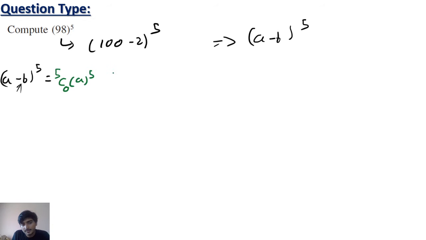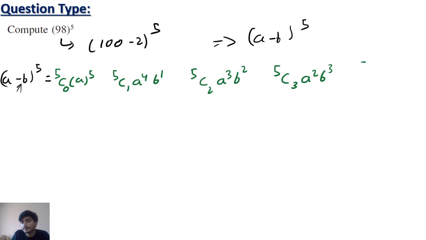Then 5c1, a to power 4, b to power 1. 5c2, a to power 3, b to power 2. Then 5c3, a square, b cube. Then 5c4, a, b to power 4. And then 5c5, a, b to power 5.